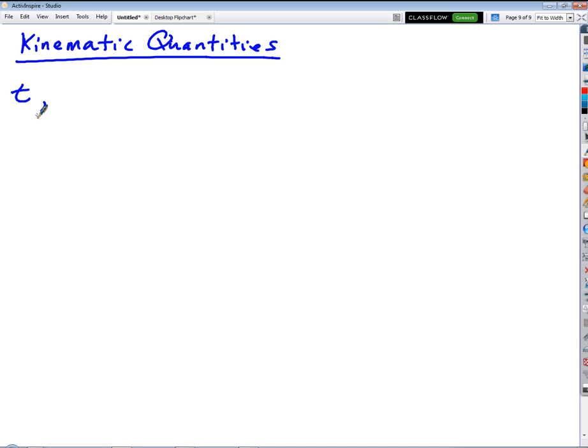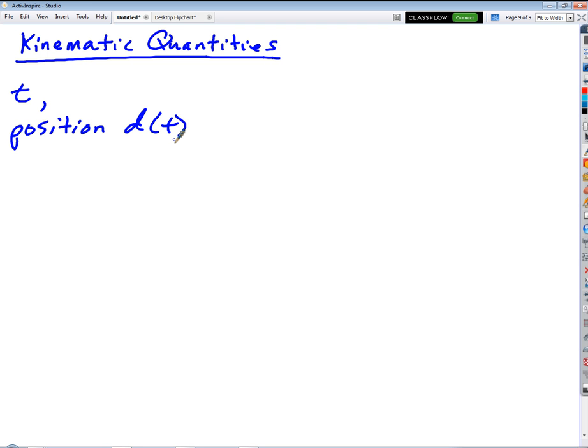Distance, but instead of distance, position, right? So we've got position. The variable the book uses is a d, and that's typically a function of time, right?